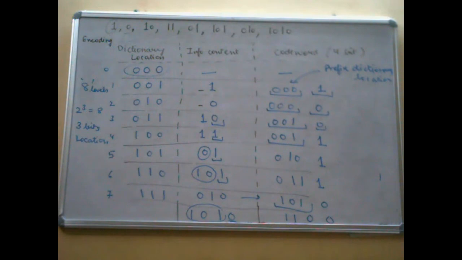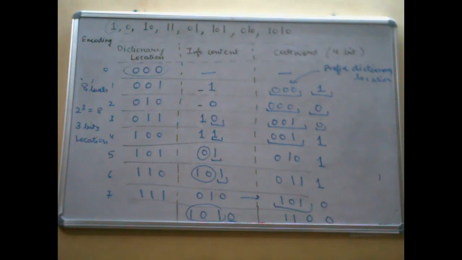So, here we are doing the Lempel-Ziv-Welch coding process, and coming to the table, the dictionary locations. How to find it? First, we have written the unique information content. We will see how many are there. So there are total 8.